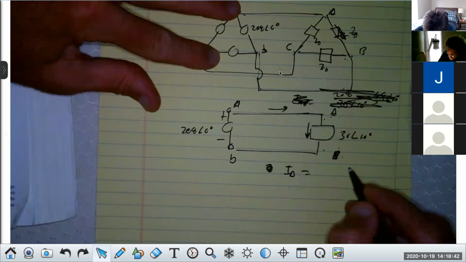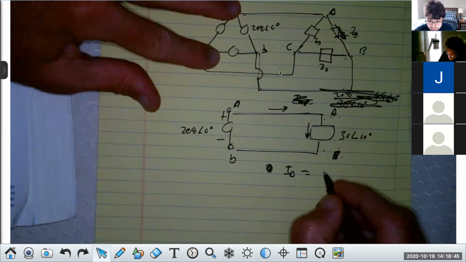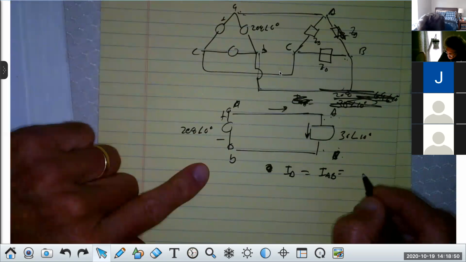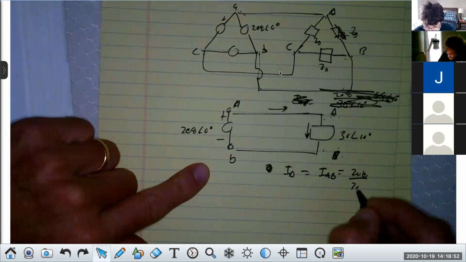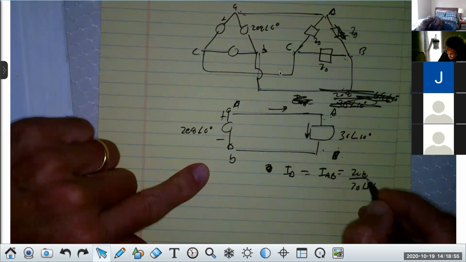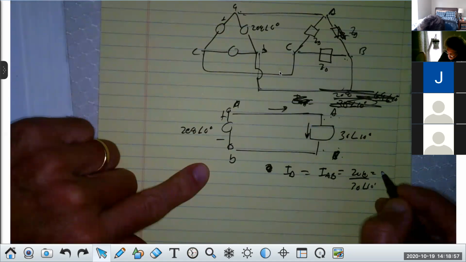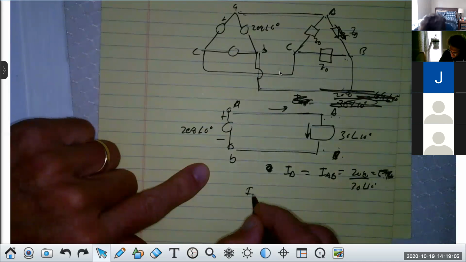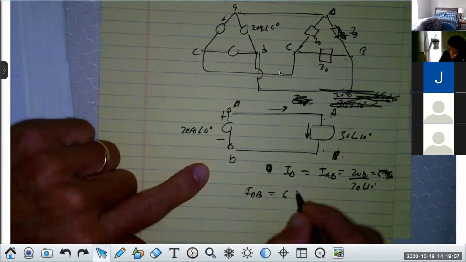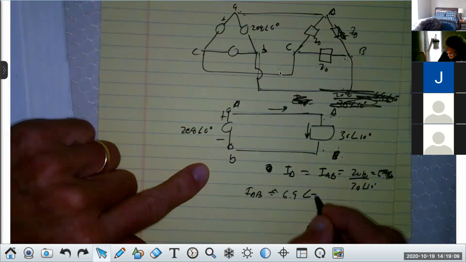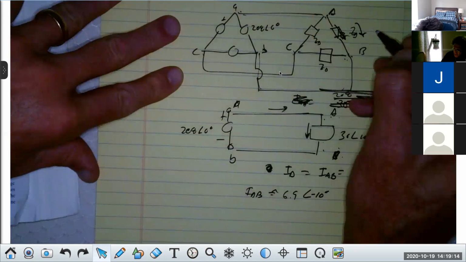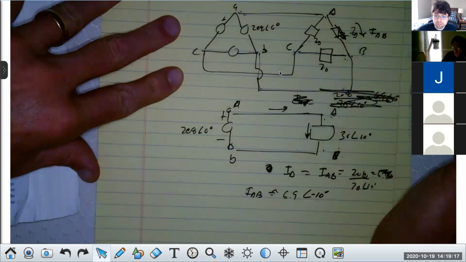That's the current from capital A to capital B, I capital A capital B, and that is 208 over 30 at 10 degrees, or it's equal to about 6.9 at an angle of minus 10 degrees. About. Now that's current flowing here. That's I capital A capital B. Do you follow me?